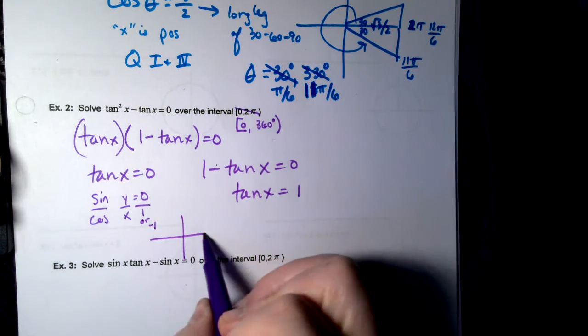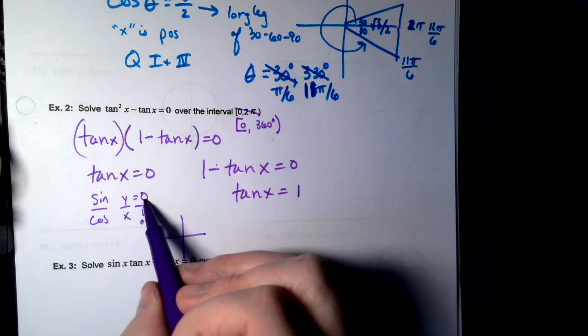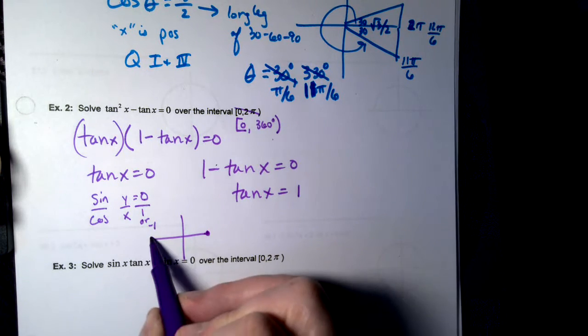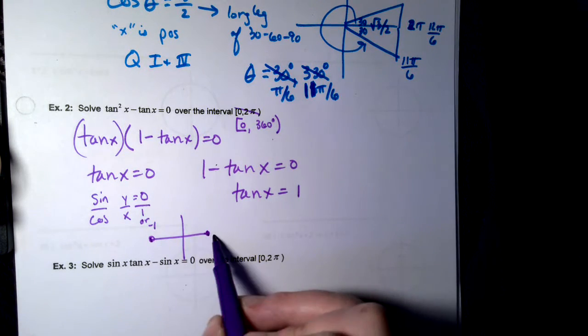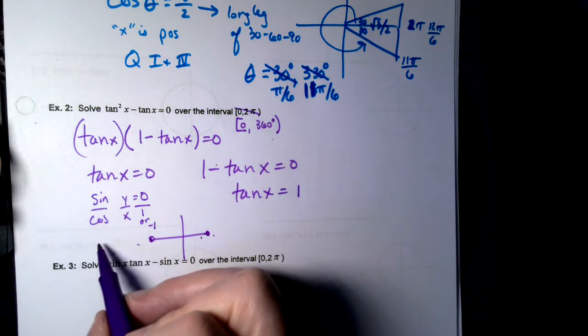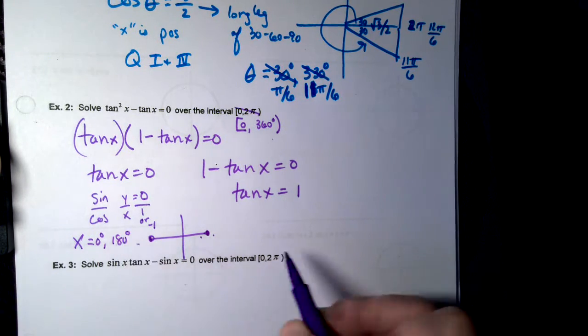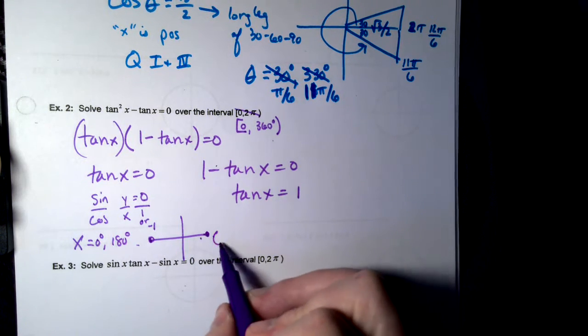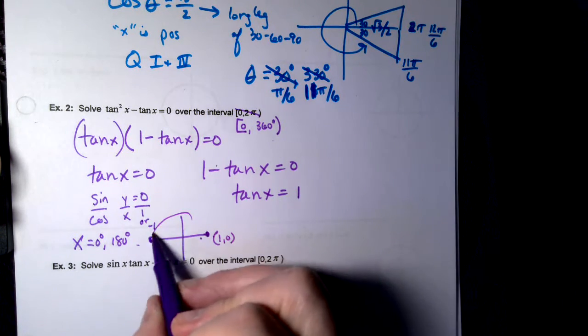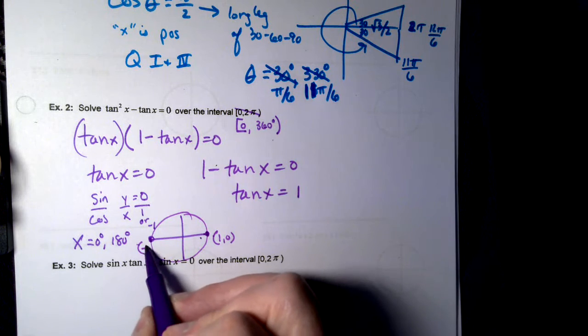But what I'm getting at is the only time when the y is 0 is when you're here and here, at 1 and negative 1. So this has solutions of 0 degrees and 180 degrees. 1, 0. Think of the unit circle. Negative 1, 0.